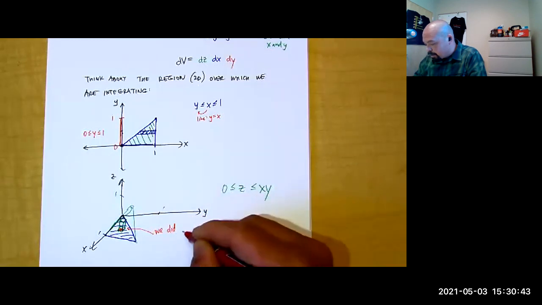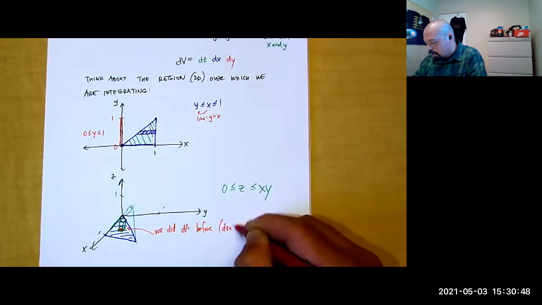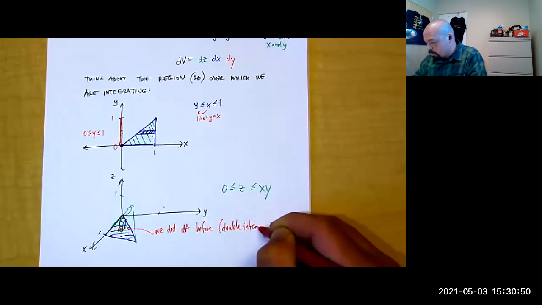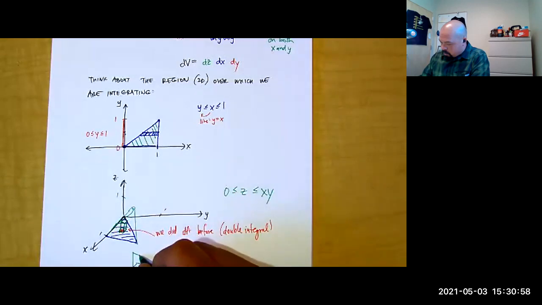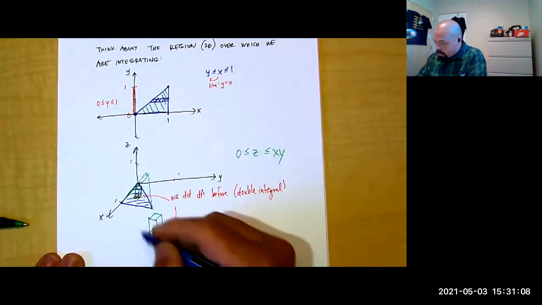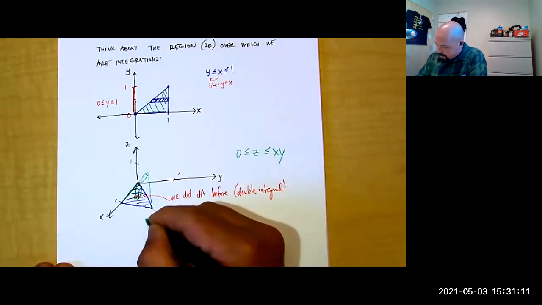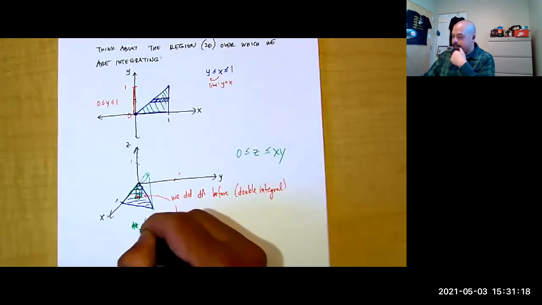We did this kind of dA before, right? That's like our double integral discussion. But now, if I take this out, there's my dA component. Now this height, there's that dz, or I should say just z.